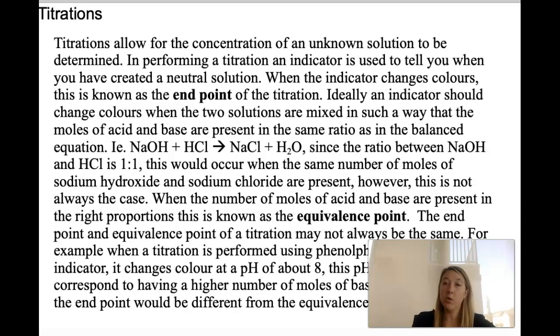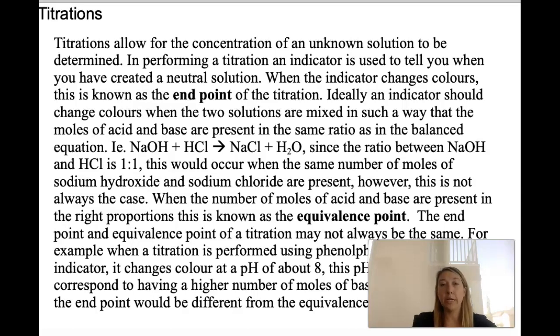If it wasn't a 1-to-1 ratio, they wouldn't be equal. They would be present in proportions that relate to the 2-to-1 or 3-to-1 that we have in that balanced equation, okay? So in an ideal world, our endpoint and our equivalence point are going to line up, right?